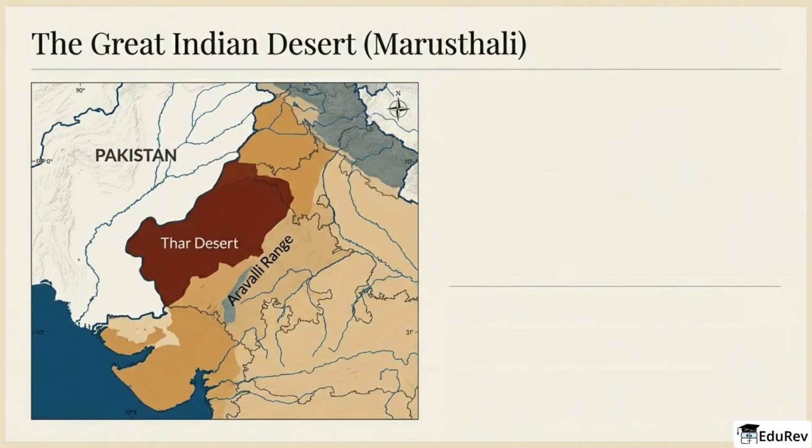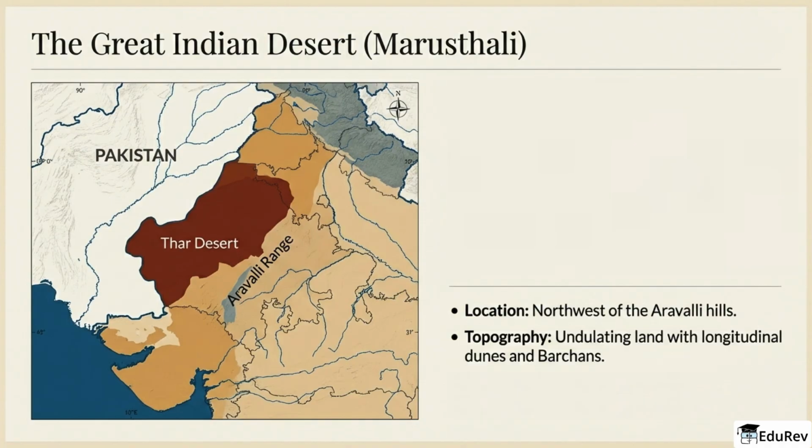Now let's zoom into the Great Indian Desert, also called Marusthali. Its location is clearly northwest of the Aravalli Hills. And that matters because the Aravalis act like a geographic line, after which aridity and wind dominance become obvious.